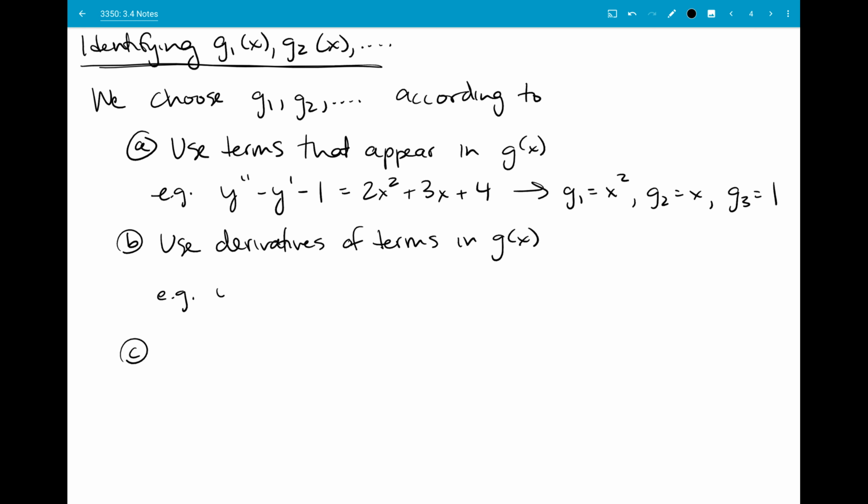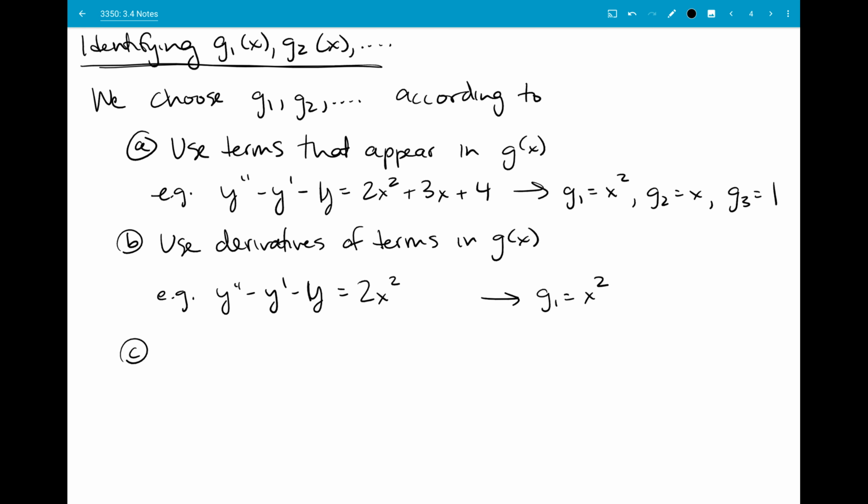So for example, if we had y double prime minus y prime minus y equal to, instead of 2x squared plus 3x plus 4, let's just say it was only 2x squared. Then we would still say G1 is probably x squared.